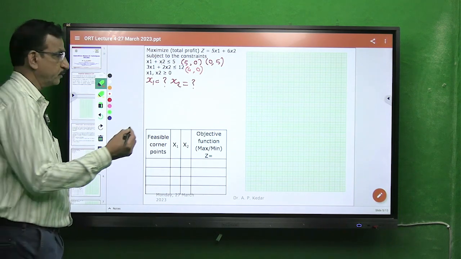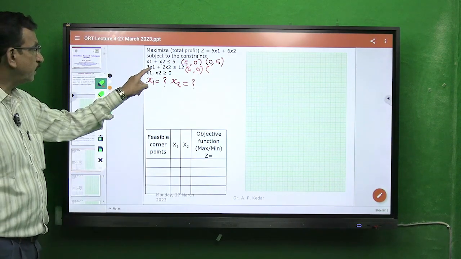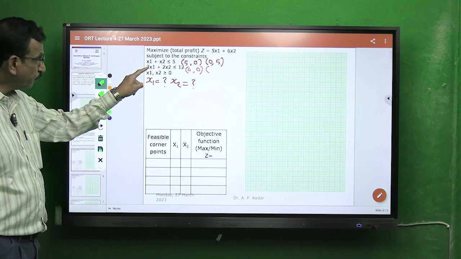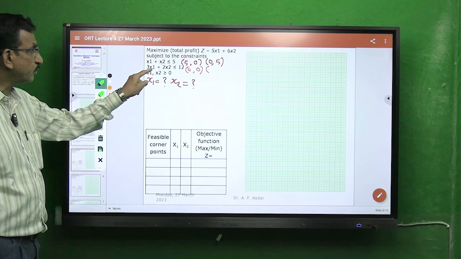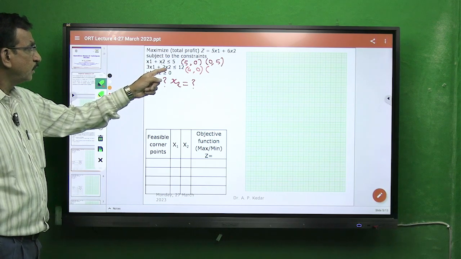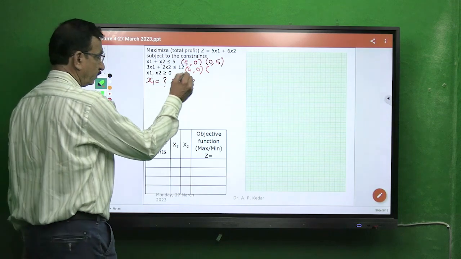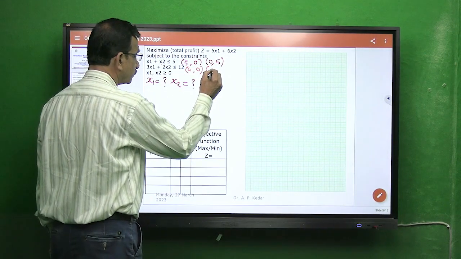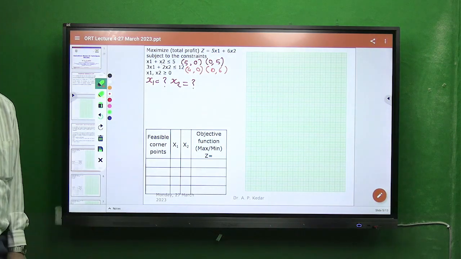In a similar fashion, for the other coordinate, put x1 equal to 0. If you put x1 equal to 0, 3x1 is 0, so your equation becomes 2x2 equal to 12. So x2 is equal to 6. So your point becomes 0, 6.